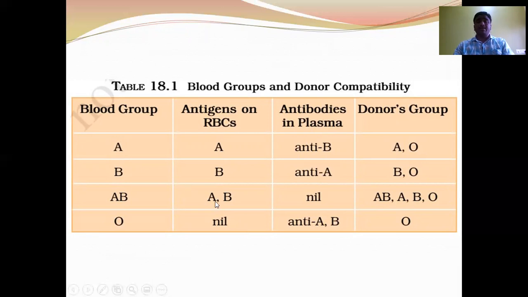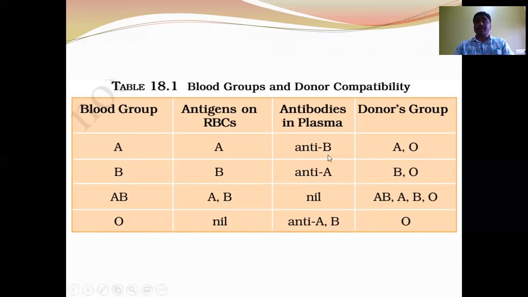An AB blood group person contains antigens A and B on the surface of RBC and there are no antibodies in the plasma. In an O blood group person, there are no antigens on the surface of RBC, but both antibody A and antibody B are present in the plasma.